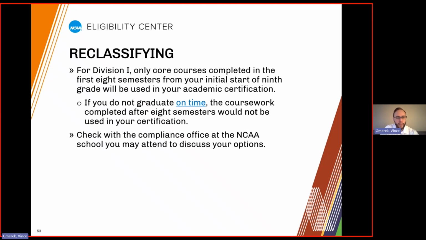And so if you plan on graduating earlier or later than expected, it's very important for you to work directly with the NCAA school you wish to attend to discuss any potential impact to your academic or amateur eligibility. Additionally, if you have any questions about that process or potential impacts, don't hesitate to reach out to the Eligibility Center, and we can work through all of those specifics with you on a case-by-case basis.